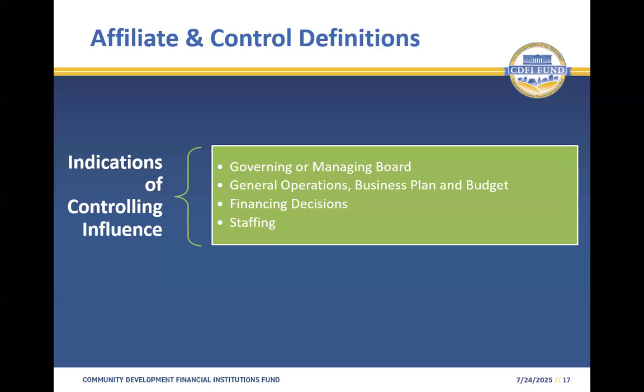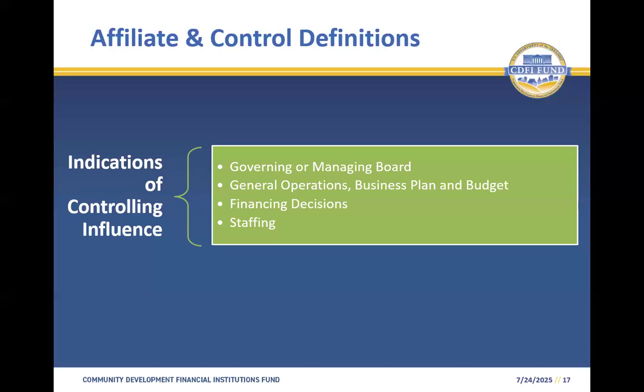A passive role in an entity's operation, via something like funding-related compliance requirements or funding-related compliance review processes, is not indicative of a controlling relationship. It's simply when there's a more active role that an affiliate has over establishing the operations and implementing its business plans and budget.